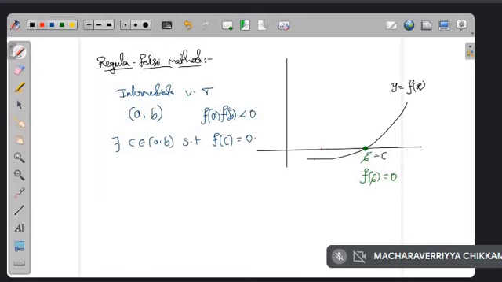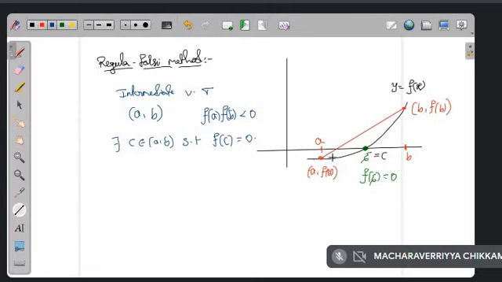Now let me assume that the point A is here and the point B is here. The idea is to join these two points. a comma f of a is a point of the graph. Similarly, b comma f of b is a point of the graph. Now you just join these two points. I am drawing a secant line joining a comma f of a and b comma f of b.